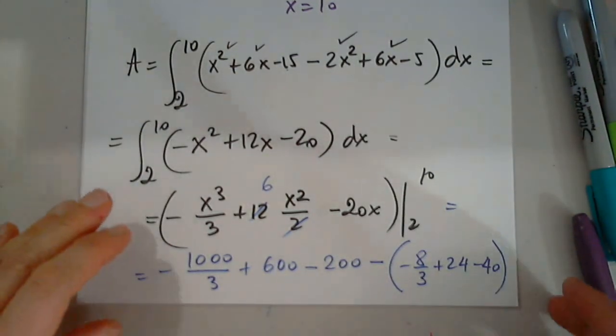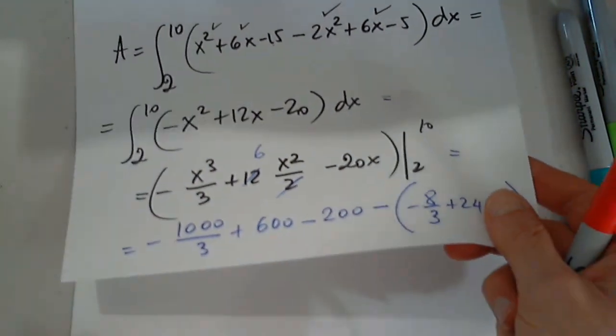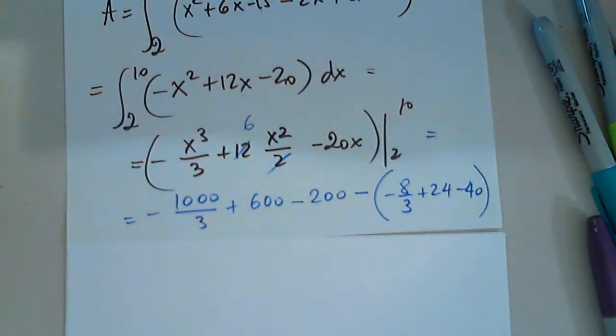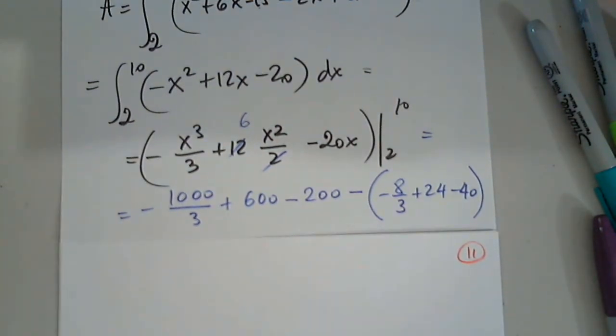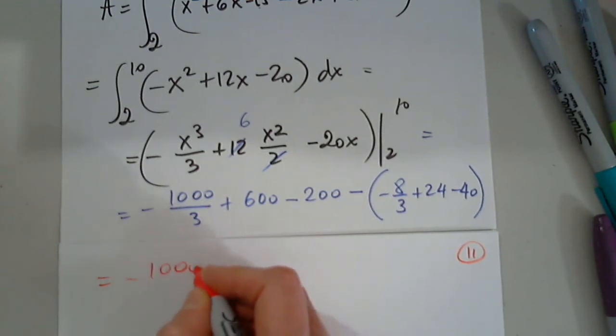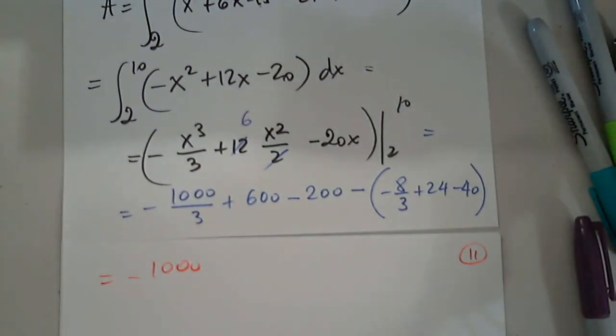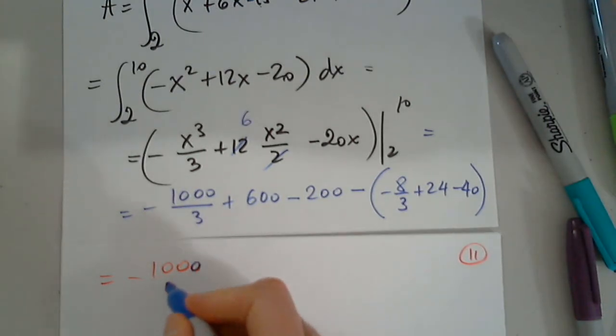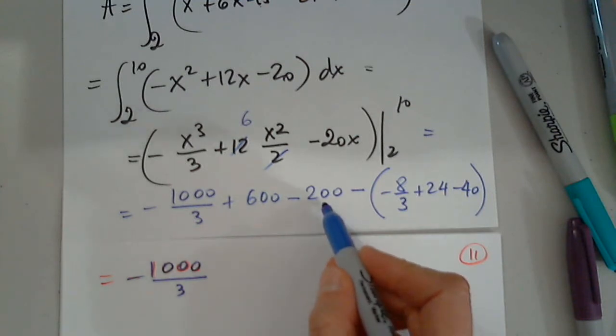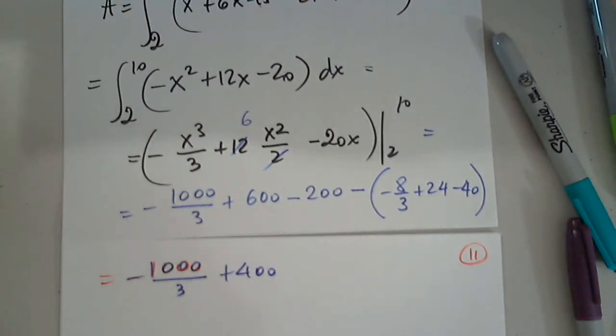So after calculating all this, let's see what we get. Okay, so negative 1,000 divided by 3. 600 minus 200, 400.